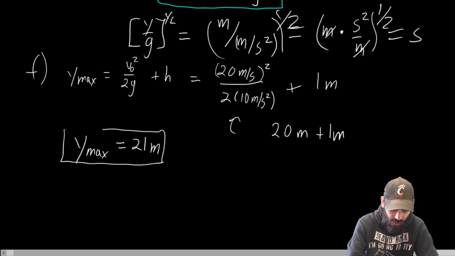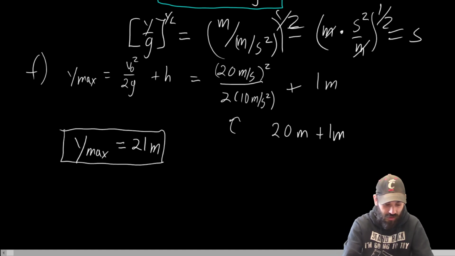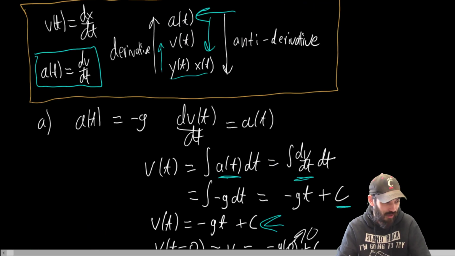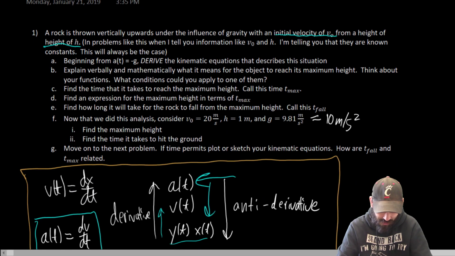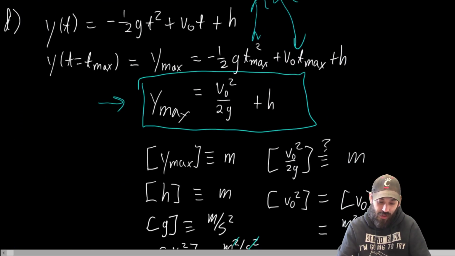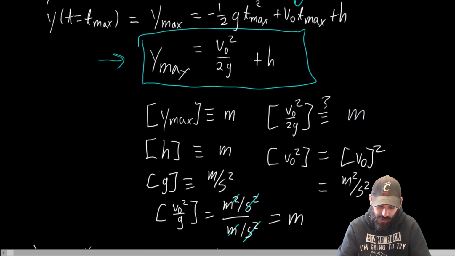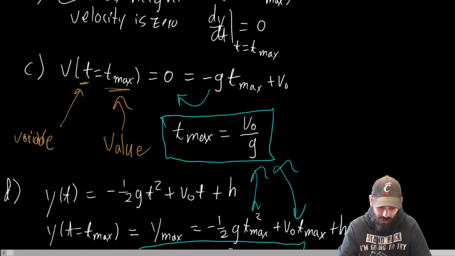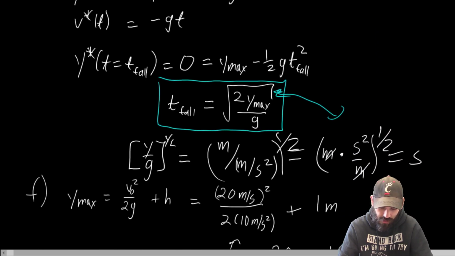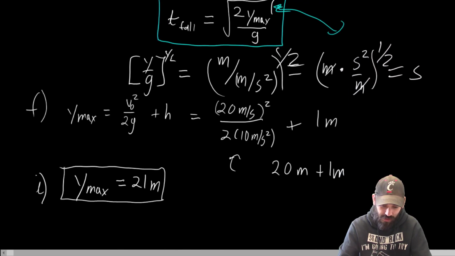Now, so this is the first part. I don't remember what the question is, so I apologize, I have to scroll up. Find the time it takes to hit the ground. Again, we can use what we found in a previous part to determine that. So we want to find what t fall is.